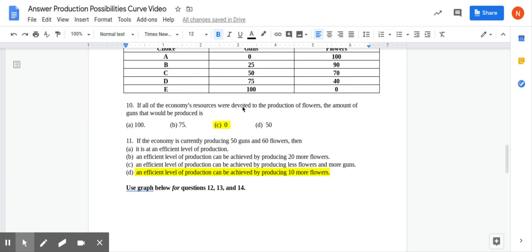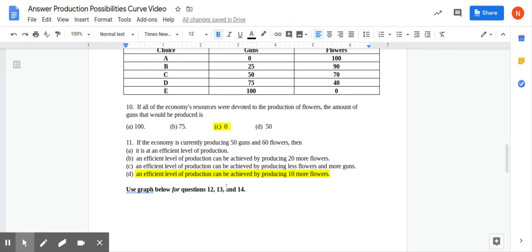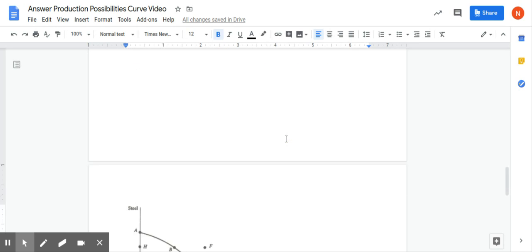If the economy is producing 50 guns and 60 flowers, if we're at max efficiency, we should be making 70 flowers. If we're only making 60 flowers, an efficient level of production can be achieved by producing 10 more flowers, because we have the ability to do so.